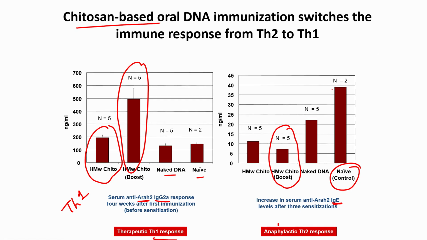If this is, let us say, close to 40 nanogram per ml, here you are talking about let us say 8, so you are talking about a 5-fold reduction. So, 5-fold reduction in a bad response in this particular case, and similarly about 4-fold increase in a more Th1 response.